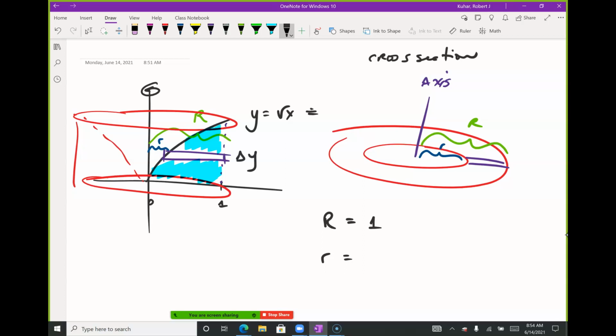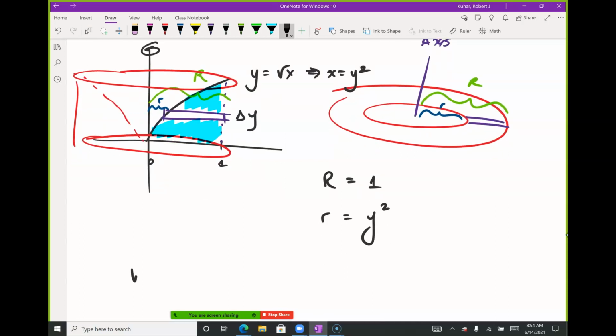So if y equals square root of x, we know x equals y squared. When you're integrating in terms of y, it must be a function of y, so I solve for x. So now this volume, which goes from c to d, which is also from 0 to 1, is the integral of pi times capital R squared minus little r squared dy.